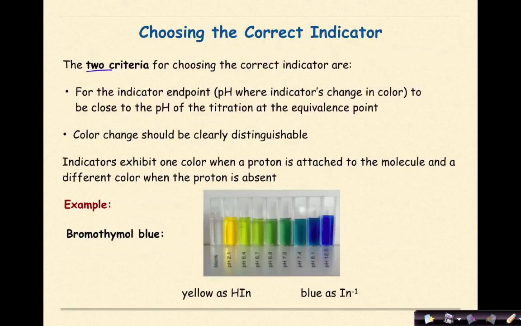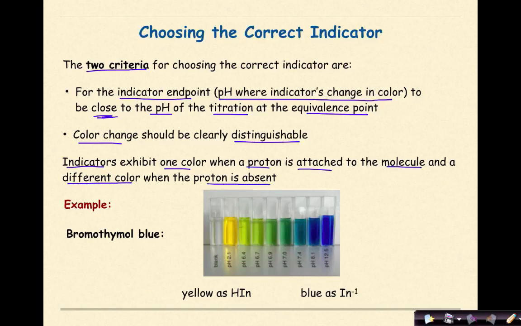The 2 criteria for choosing the correct indicator are, for the indicator endpoint, the pH where the indicator changes in color, to be close to the pH of the titration at the equivalence point. And the color change should be clearly distinguishable. Indicators exhibit one color when a proton is attached to the molecule and a different color when the proton is absent.